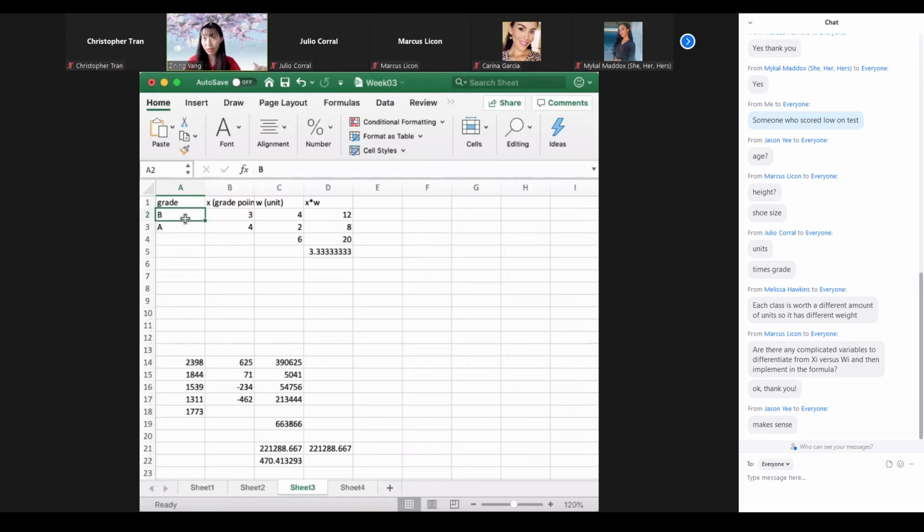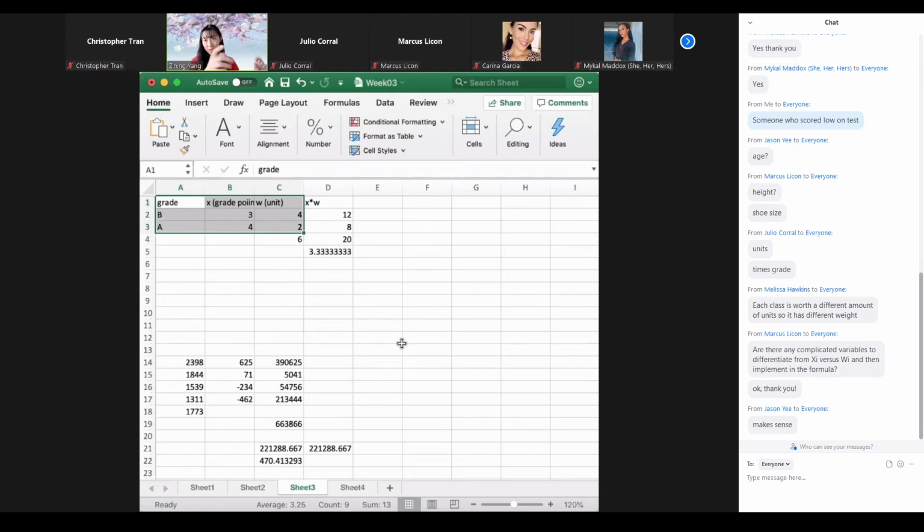So your grade is B, and then the corresponding grade point would be 3.0, right? So you type that. And then assume that you get an A in the 2-unit class, right? Type A in your grade. And obviously that's 4.0 grade point. So you type it here. So these are your input.